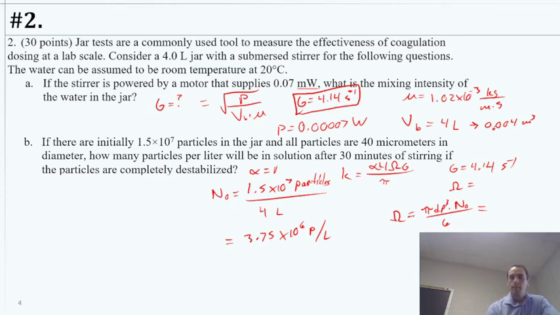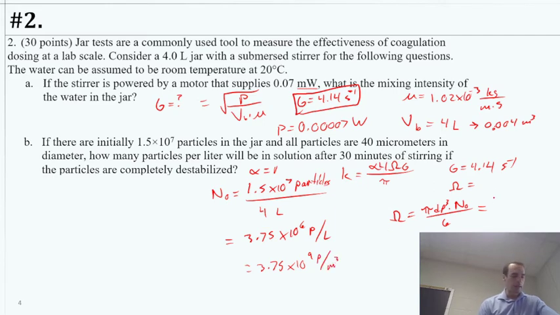Okay, then this omega here, excuse me, pi dp cubed. dp has to be 40 micrometers, but convert that to meters with the cube exchange there. And then the n naught also we need to put into cubic meters. We could also write that as 3.75 times 10 to the 9th particles per cubic meter.